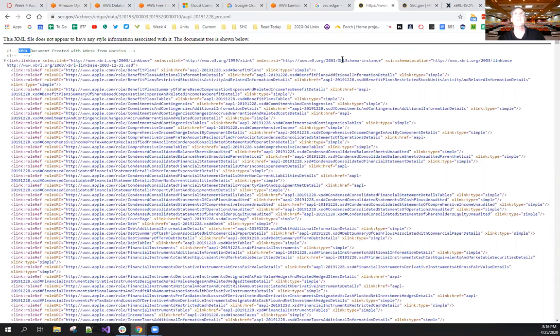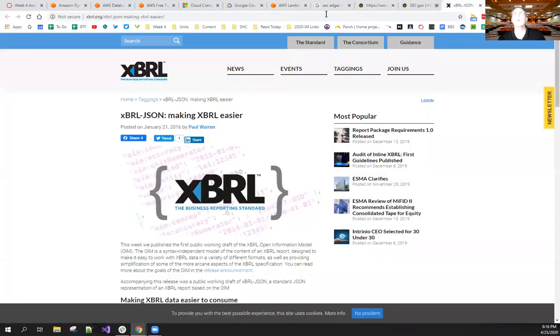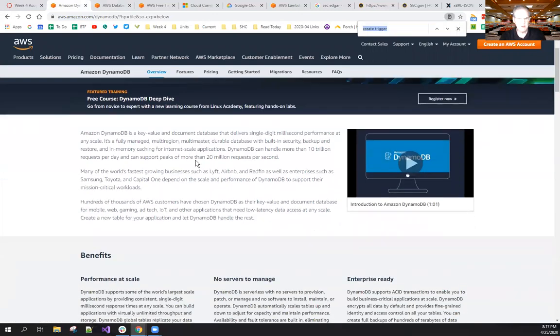So this is actually for financial information. Anyway, what we'll do is convert the XBRL format, which is XML, to JSON. Why do we want to go to JSON? Because we've got this DynamoDB, because DynamoDB likes JSON coming in. So we massage the data.